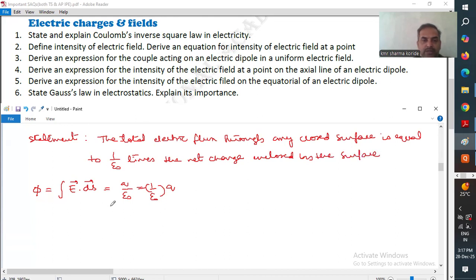So it means outside, suppose this is the boundary, we always consider the charges enclosed by this boundary. If charges are available outside, we don't consider them. So this is the meaning of the Gauss law statement.